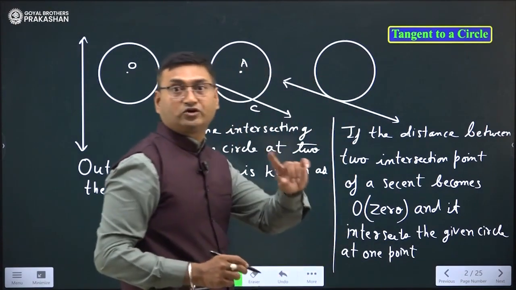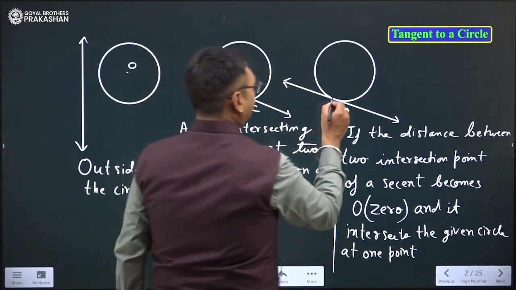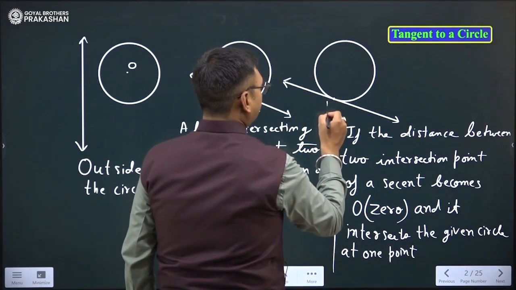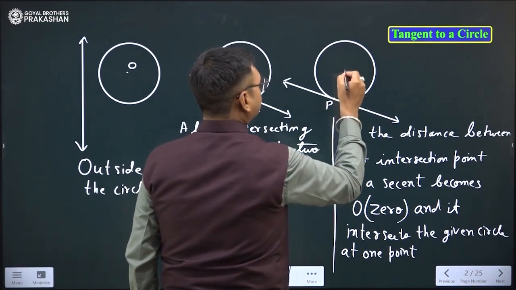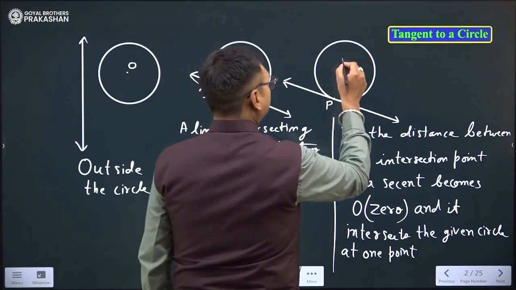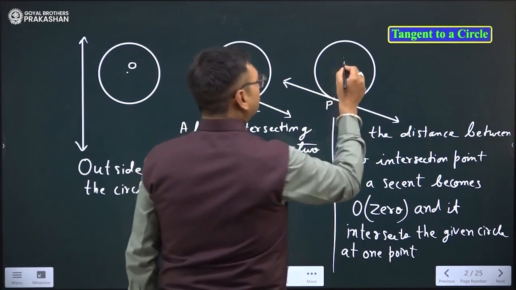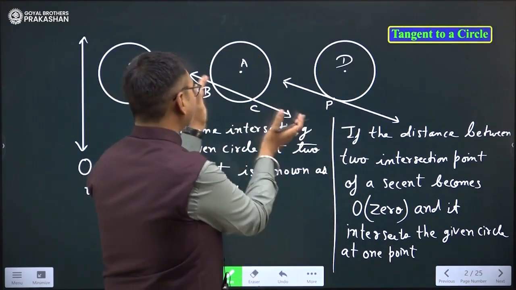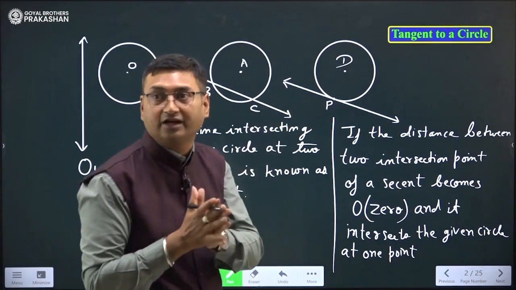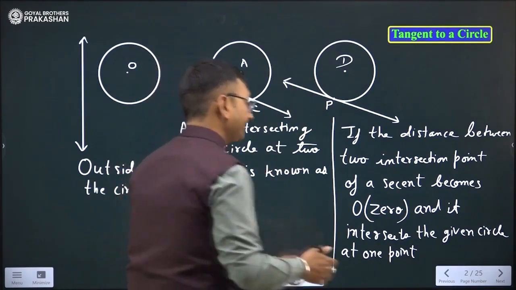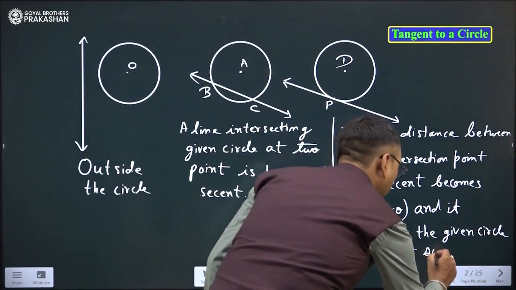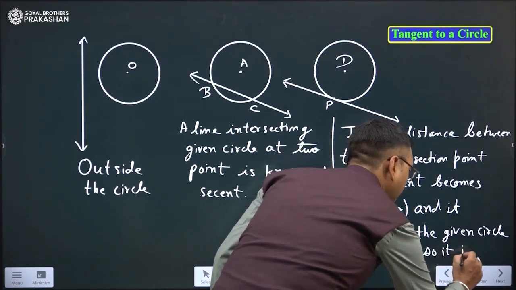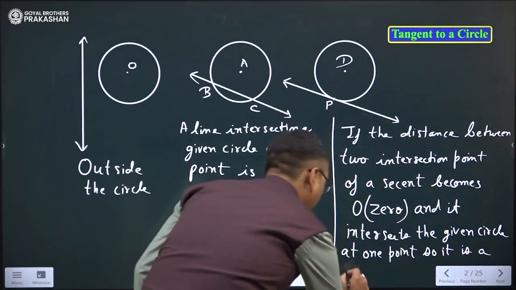So it is intersecting only at 1 point, that is this point. Let's say this point is P, and let's say the center is D. So the distance reduces and it is now intersecting the circle at only 1 point, that is P. So it is known as a tangent.